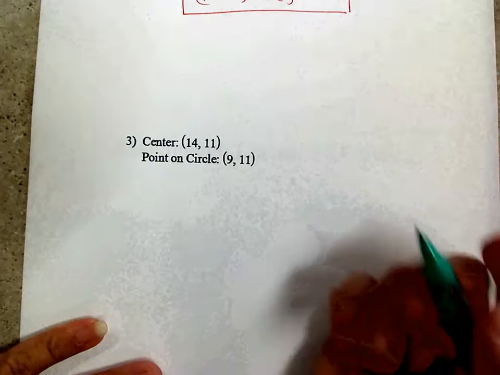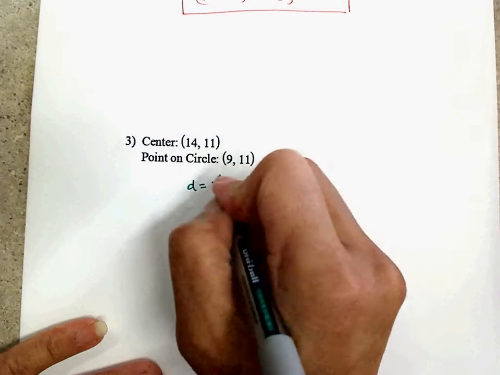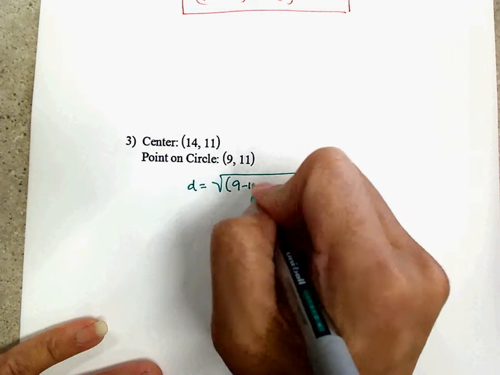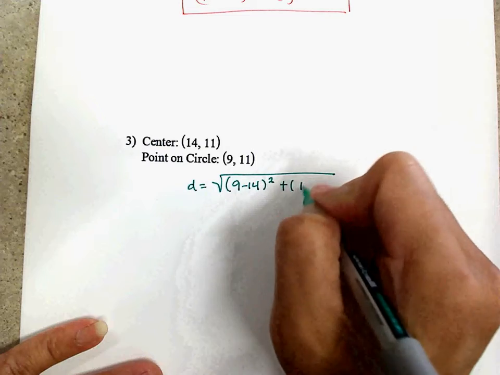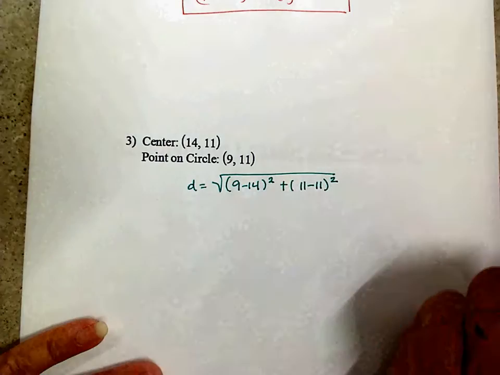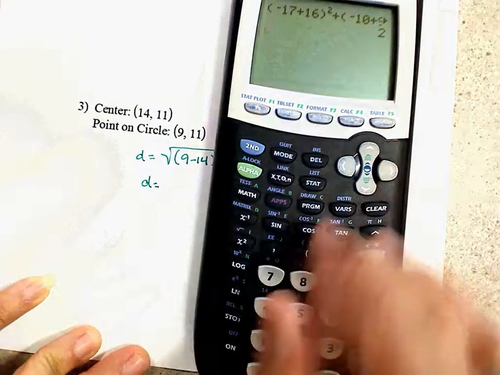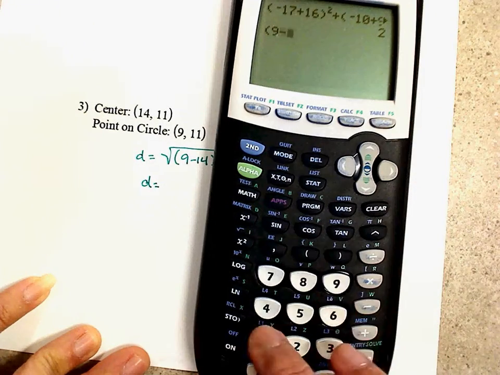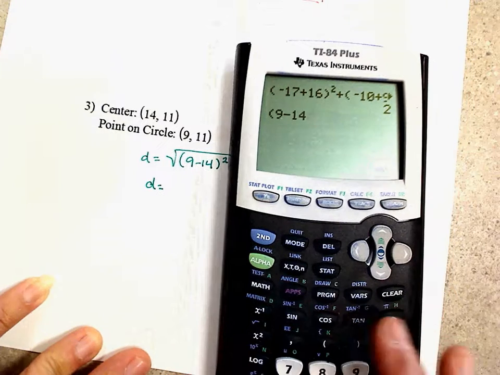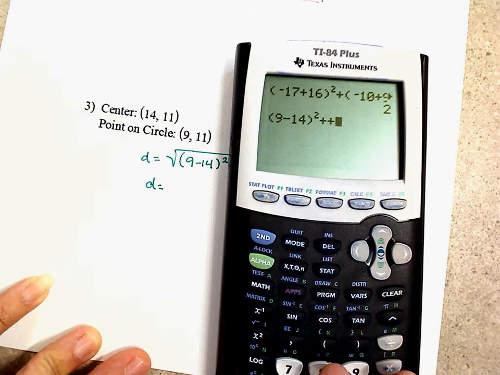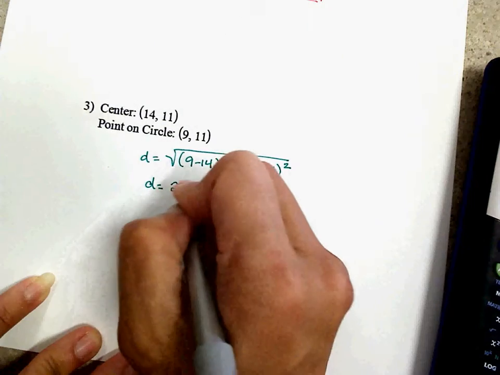D equals 9 minus 14 squared plus 11 minus 11 squared. So D is equal to, that's 0 by the way, but if you want to, type it out. 9 minus 14, parentheses squared, plus, oh, too many plus, 11 minus 11 squared. Comes out to be 25. So your radius is 25.